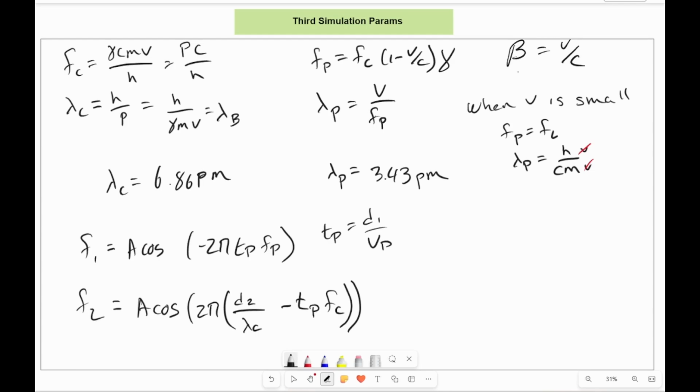Okay, but one thing that we need to account for is that we've added this. Now we're trying to solve this accounting for special relativity. And so we are in the frame of the slit. And so the time, Tp, is really going to be adjusted by this.